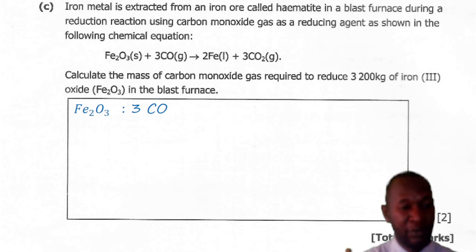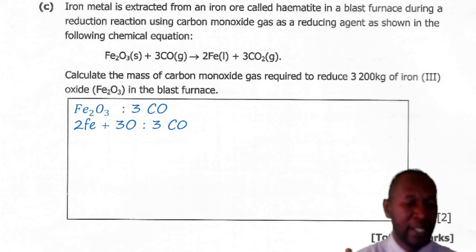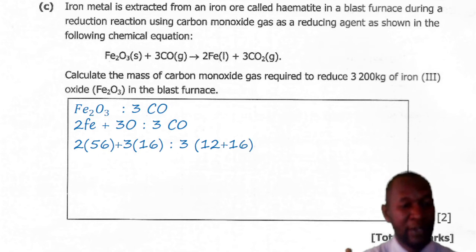So we then convert our elements into masses. Here we will multiply: we have 2 atoms of iron, then we add the 3 atoms of oxygen, and we also have our 3 moles of carbon monoxide. So we now work with the mass numbers.